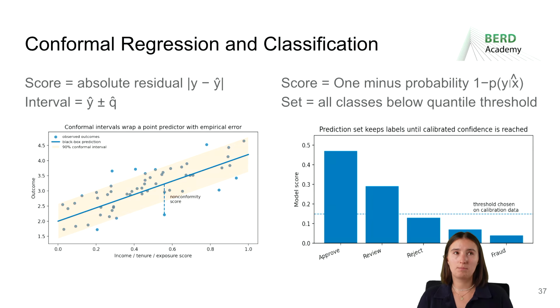And this basically already gives you this idea that maybe one single class to predict would not necessarily give you the full picture of how uncertain you are about the prediction, and conformal predictions give you a nice way to do that. Okay.